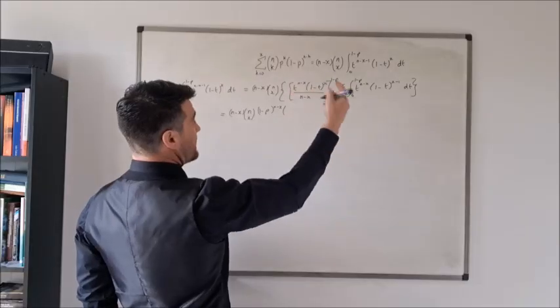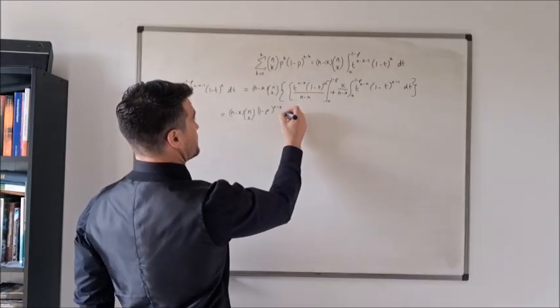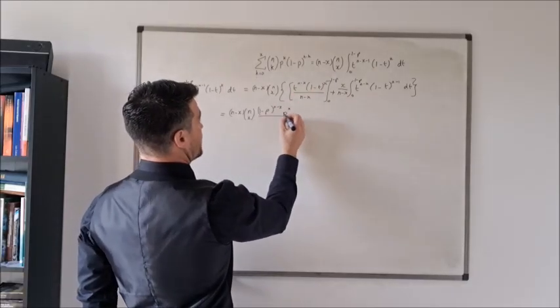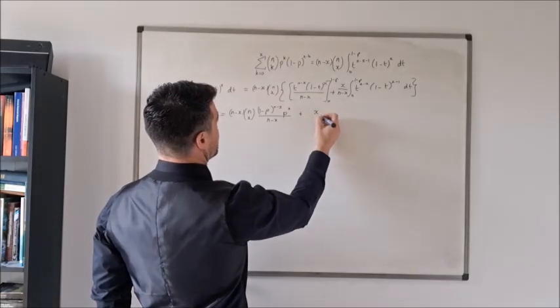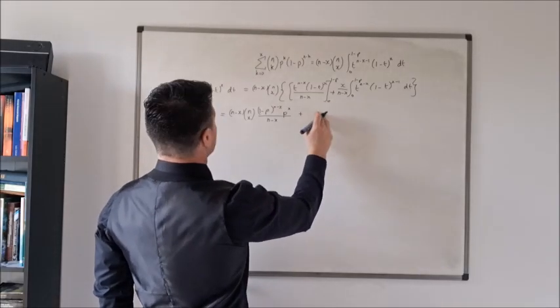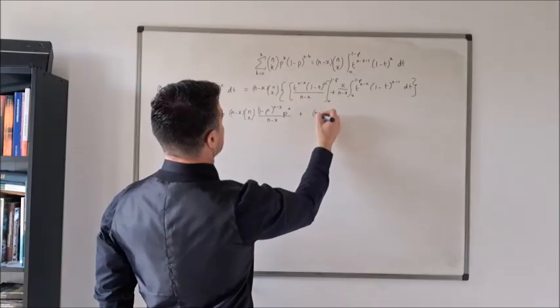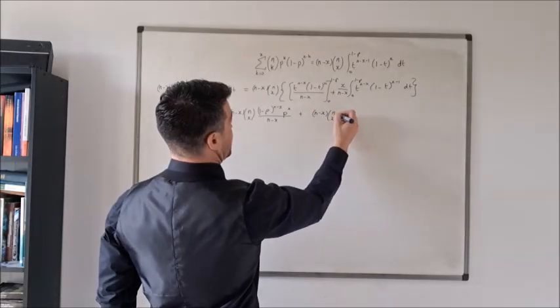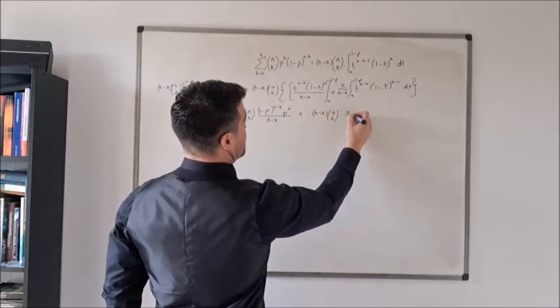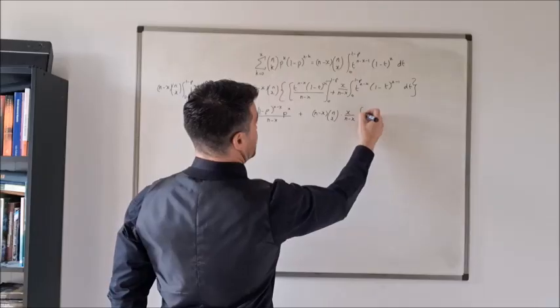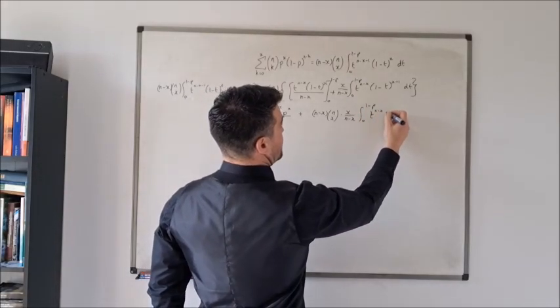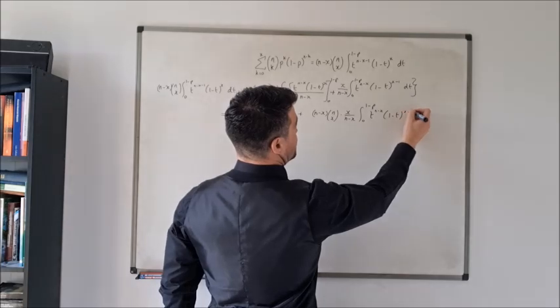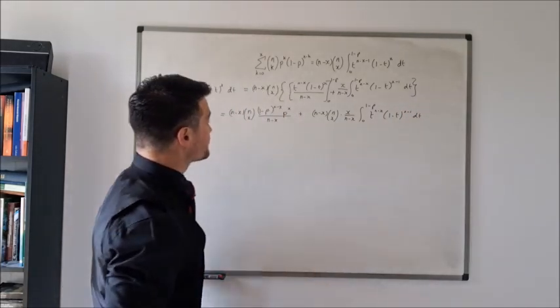1 minus p is just p over n minus x plus x over, sorry, n minus x times n choose x times x over n minus x, the integral from 0 to 1 minus p, t to the n minus x, 1 minus t to the x minus 1 dt.